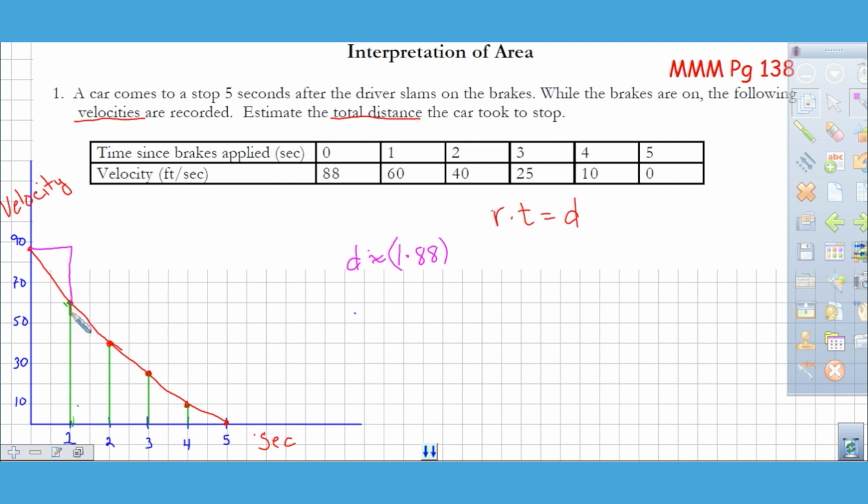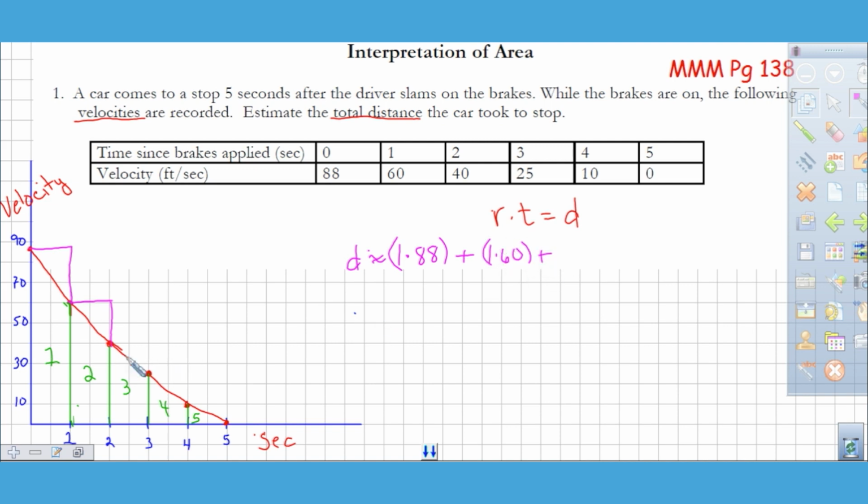Let's call these rectangles 1, 2, 3, 4, and 5. For rectangle 2, this height right here is the left-hand side. So I'm going to add to this distance a width of 1 and a height of 60. So 1 times 60.